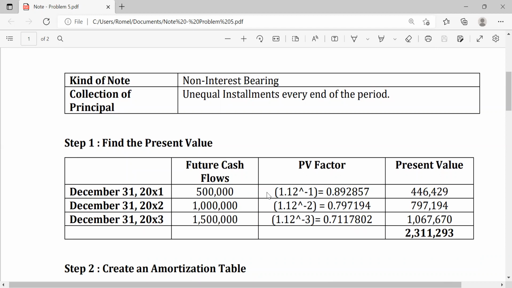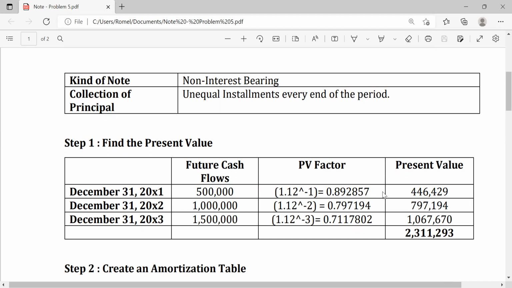500,000 pesos. This is 1 year from now. So ang gagawin natin, 500,000 pesos times 1.12 raised to negative 1.